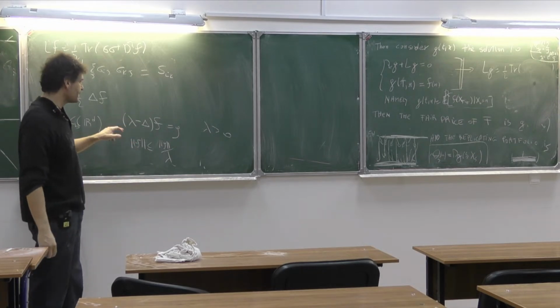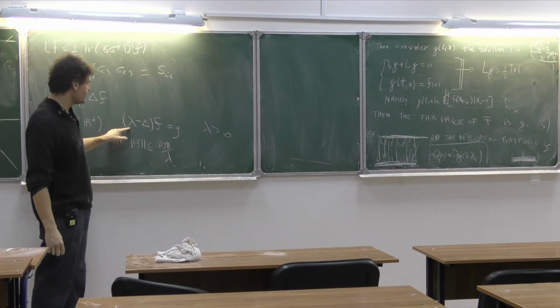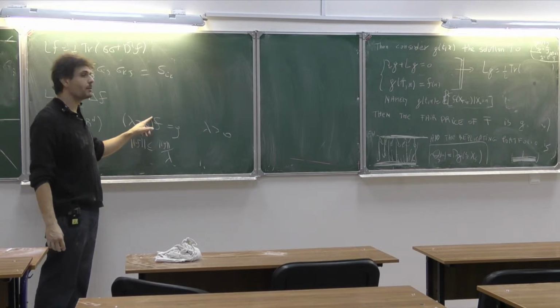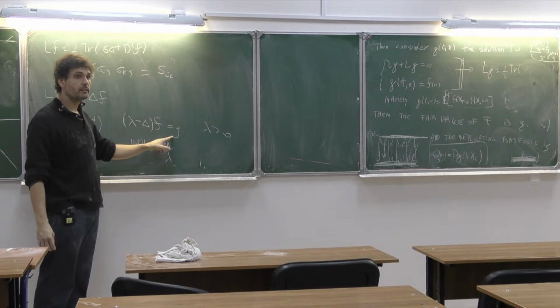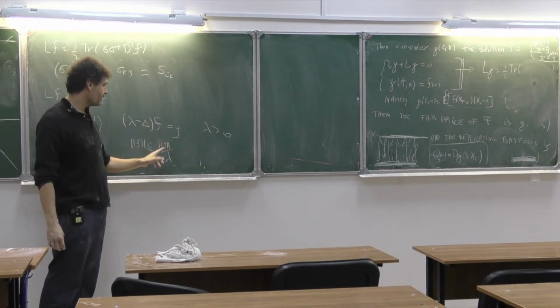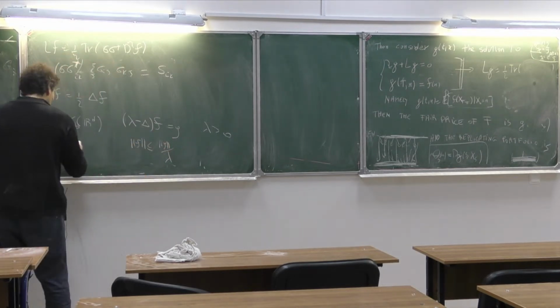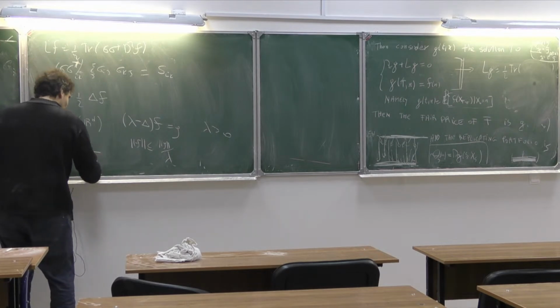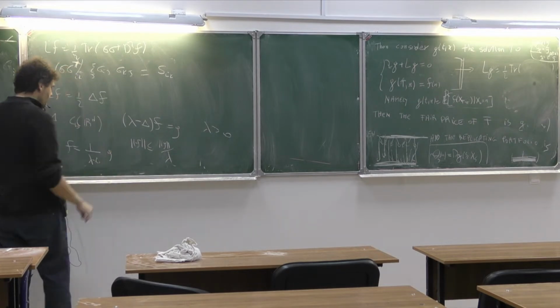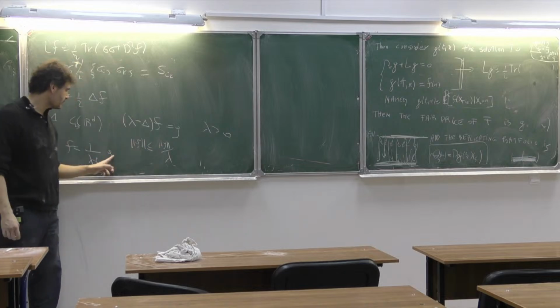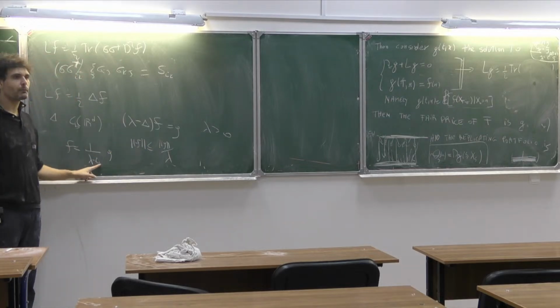Every Markov process has this property. You see, f is lambda minus Laplacian to the minus 1 of g. If the norm of f is less than the norm of g over lambda, it means that minus Laplacian is positive, so lambda minus Laplacian is bigger than lambda.